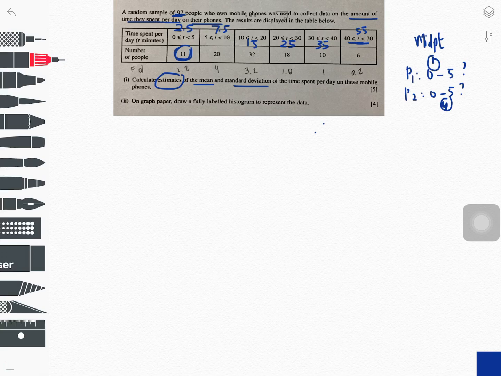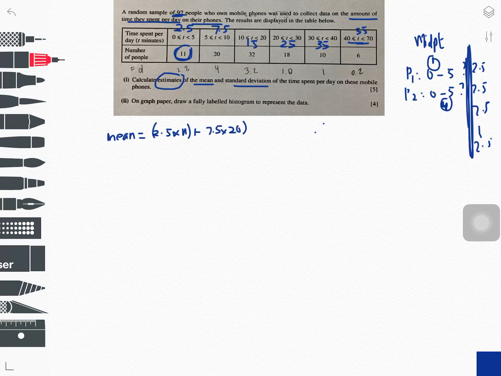So I know the first person is 2.5, second person also 2.5, third person also 2.5. So I have 11 data with 2.5 here. And now I want to find the mean. Simple, right? You go and accumulate the values. You will do 2.5 times 11 plus 7.5 times 20. Why times 20?